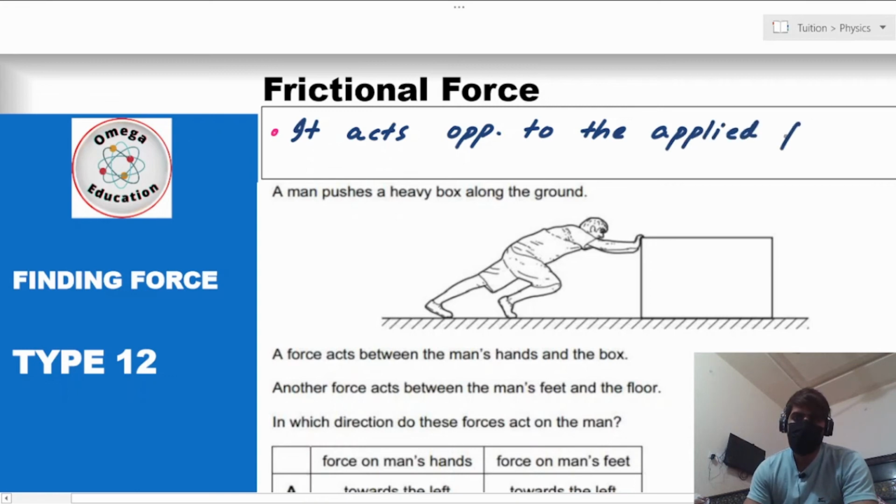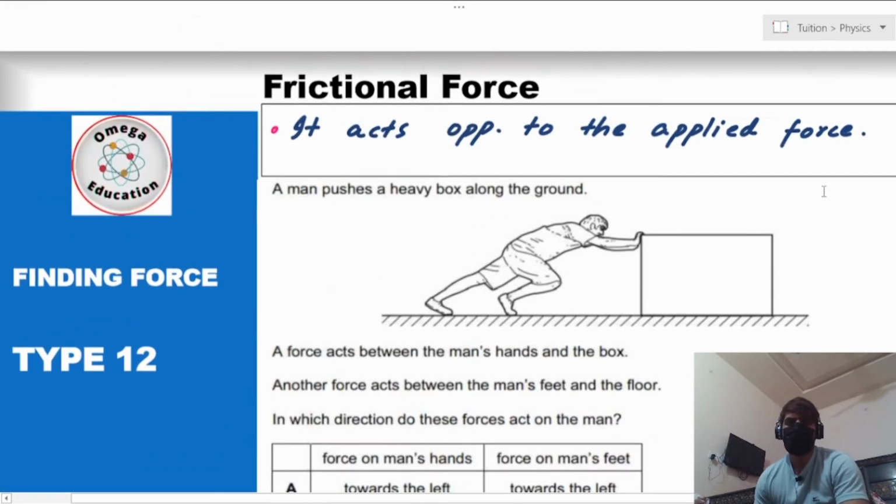So if you apply a force forward, if the motion is forward, the friction would be acting backward. So that is the general concept.